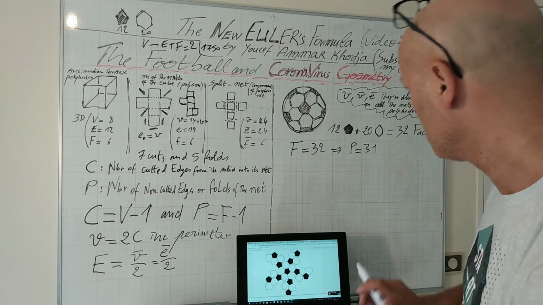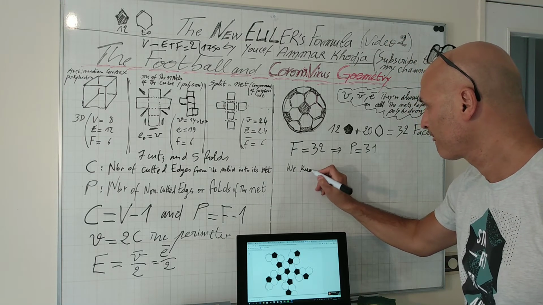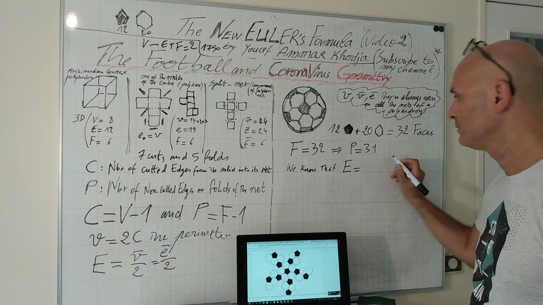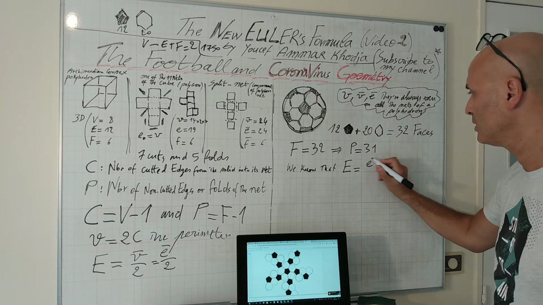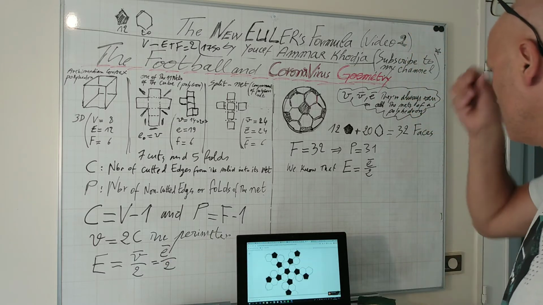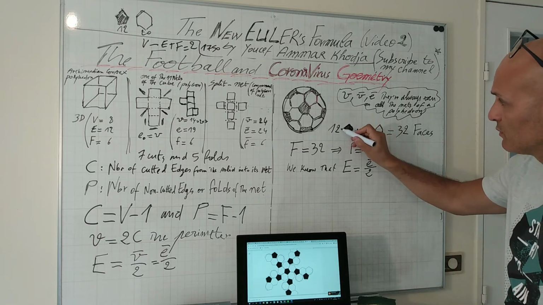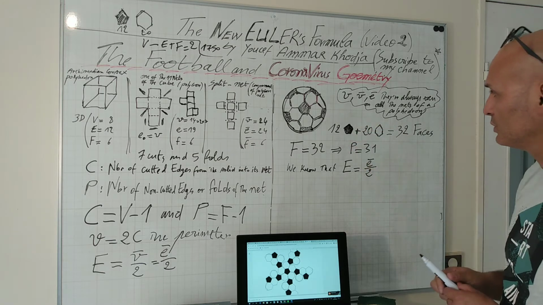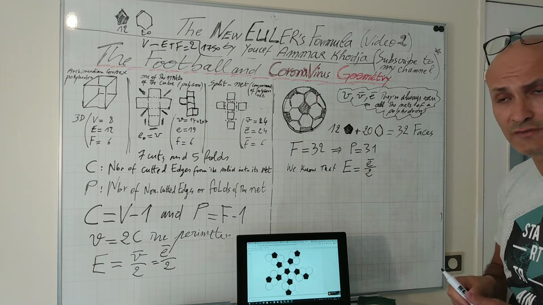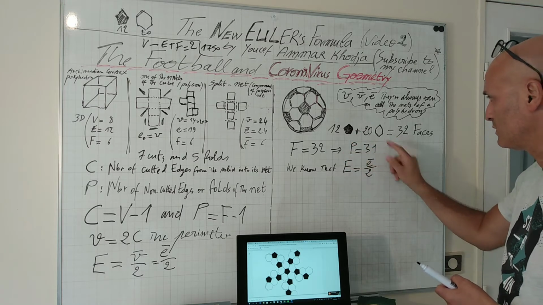So, as we know, capital E equals E bar divided by 2, like here. And E bar equals 12 by 5 edges for each pentagon, add to that 20 by 6 edges for each hexagon.